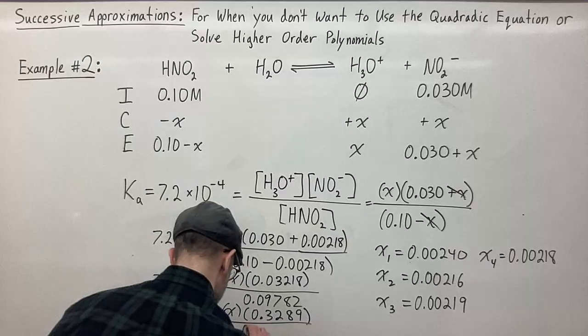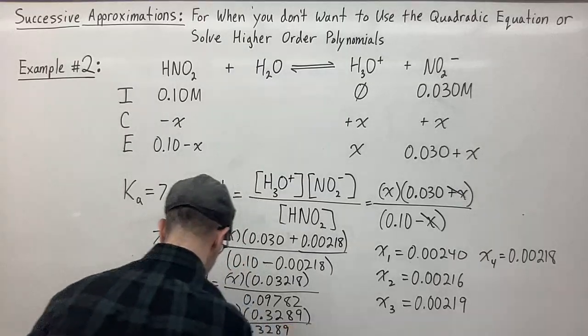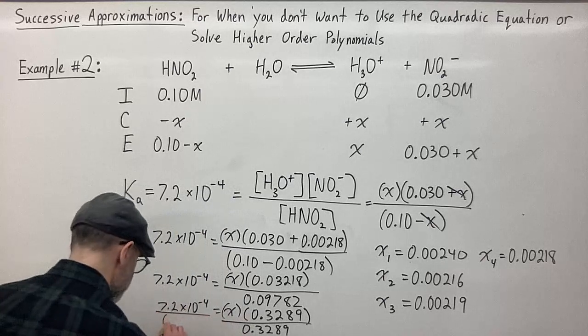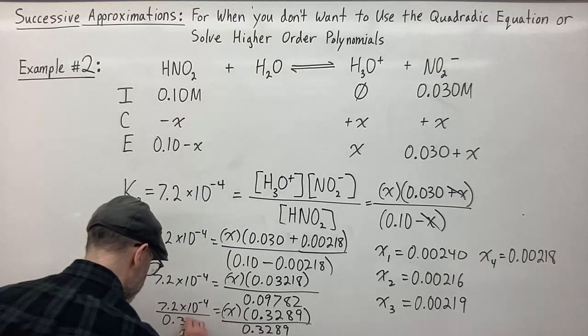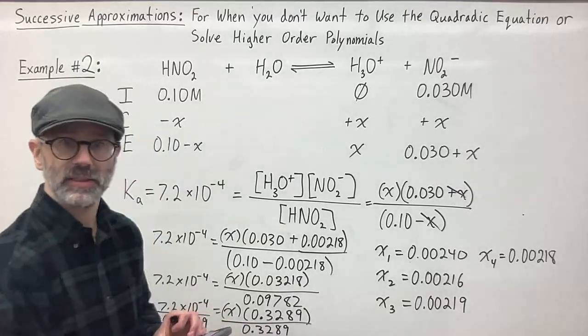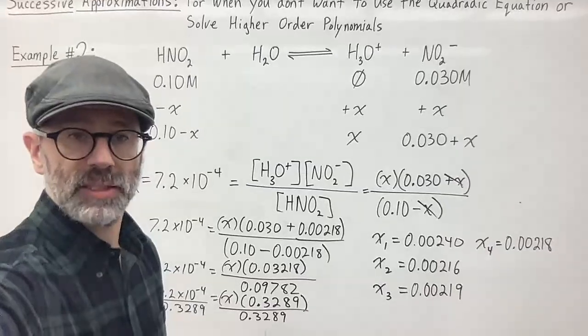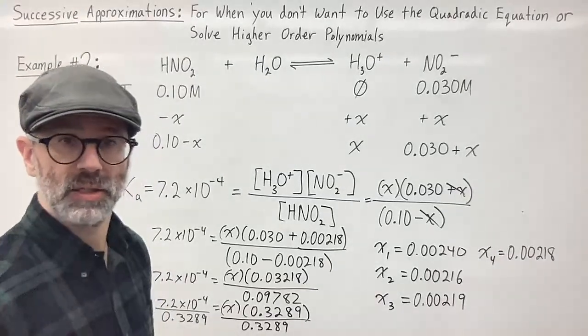And so now I'm going to divide both sides by 0.3289. And when I do that, let's see what I get. Oops, I'm cutting this off. Here we go.